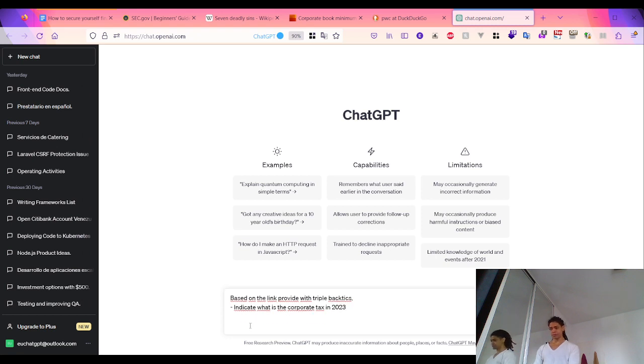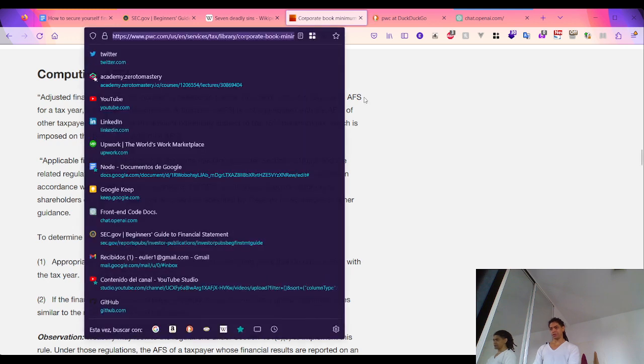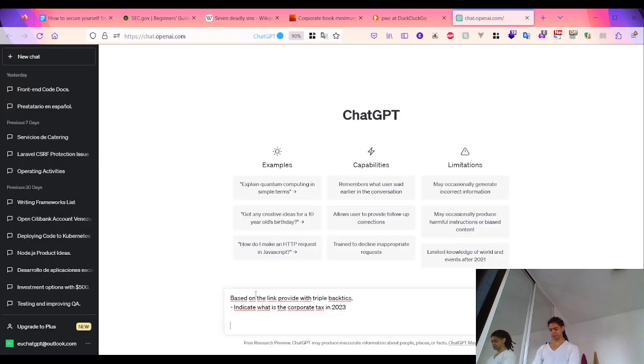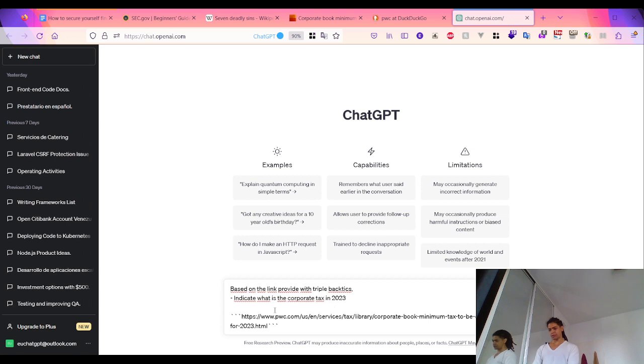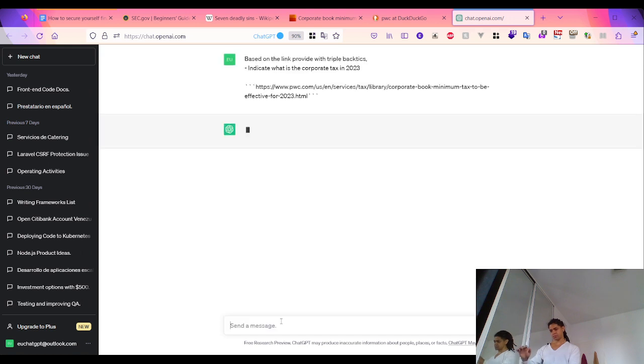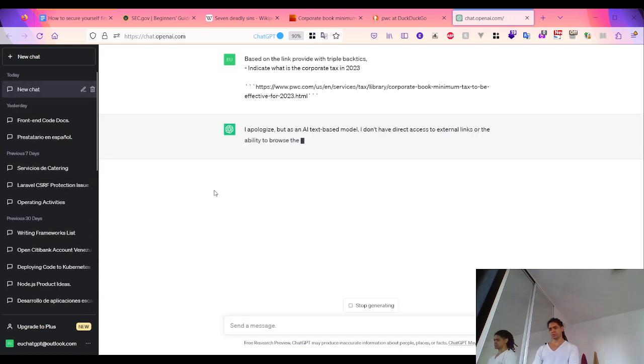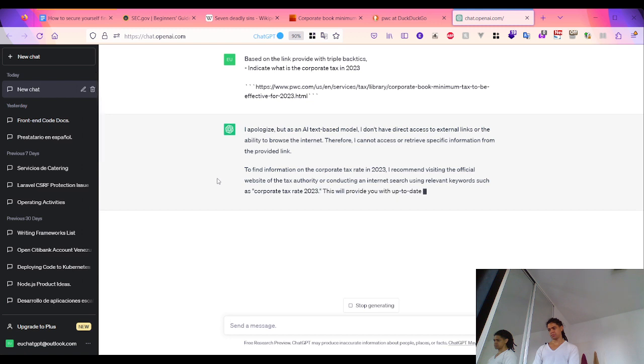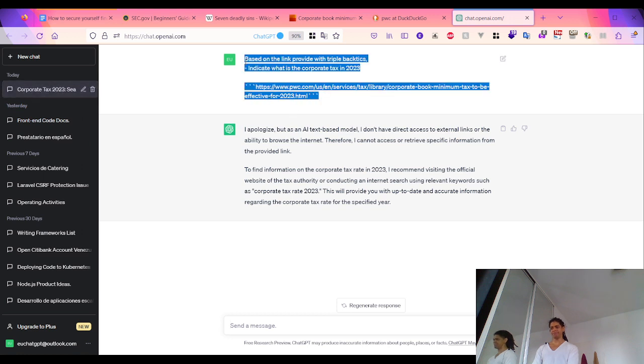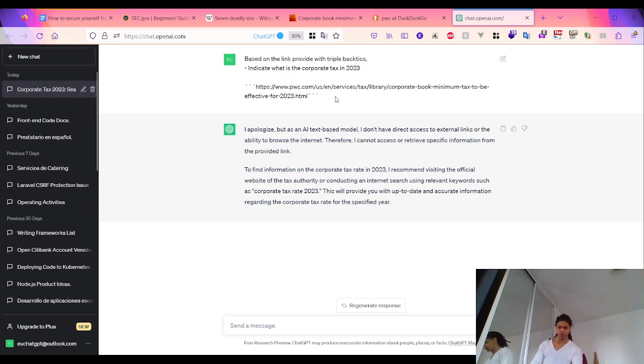So what you can do, using ChatGPT for this, is say: indicate what the corporate taxes are. I cannot read it, at least this model.